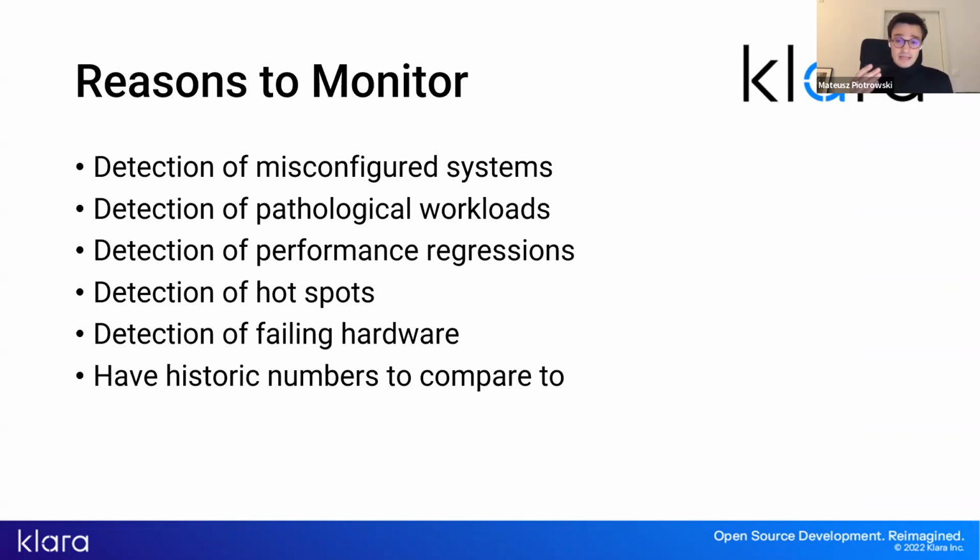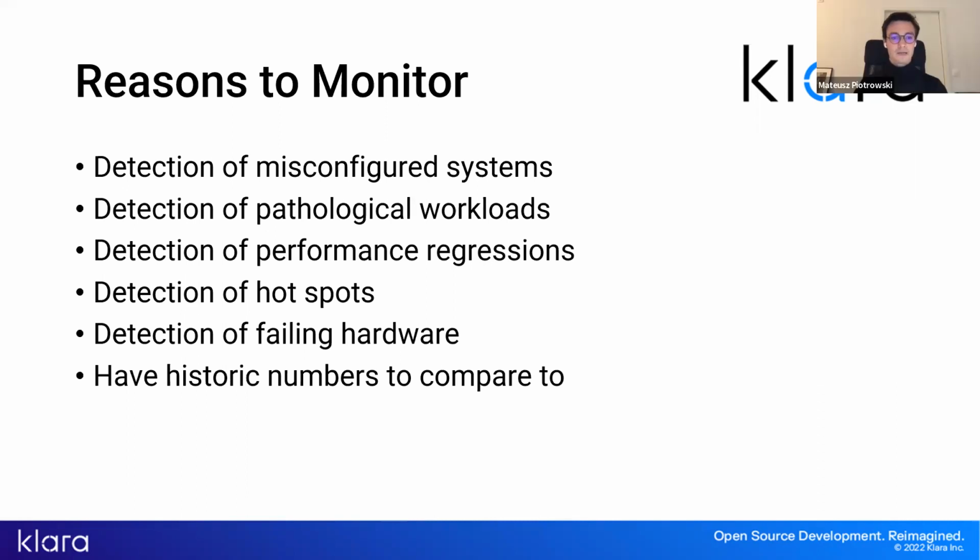And at the same time, you can also detect hotspots. Yeah, in both these cases, in order to tell that something is out of the ordinary, you have to know what ordinary is, and that's where having those historic numbers comes in. And a performance regression could be, oh, this flash disk is not writing at the same performance it used to, or its latency has jumped up a lot. Is there actually something wrong with the device?